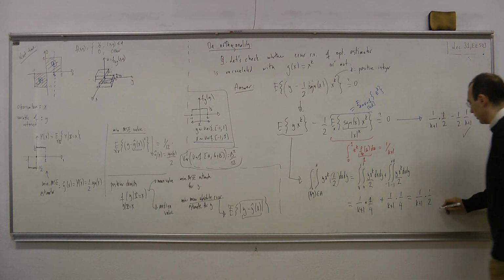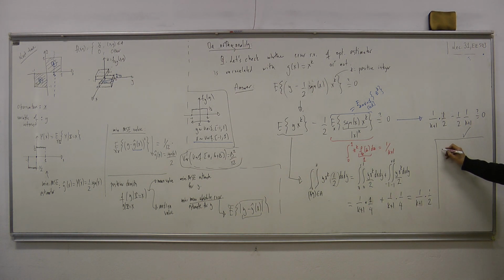Now, given this, for example, can I write the following? Expected value of y minus 1 over 2 signum x. This is like sine of x. Is it equal to 0? Well, you can say the following. Sine of x is nothing but x minus power series expansion. Something like this. This is an infinite series.